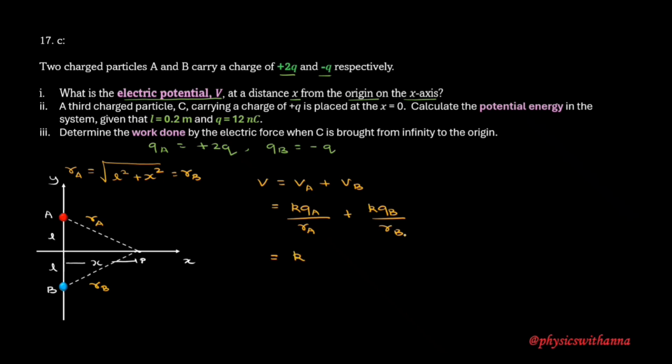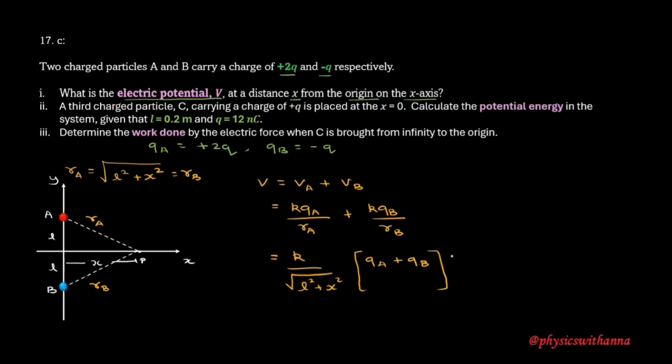RA and RB are both equal to square root of L squared plus x squared, so I can take that also out of the bracket. And then we are left with charge of particle A plus charge of particle B.